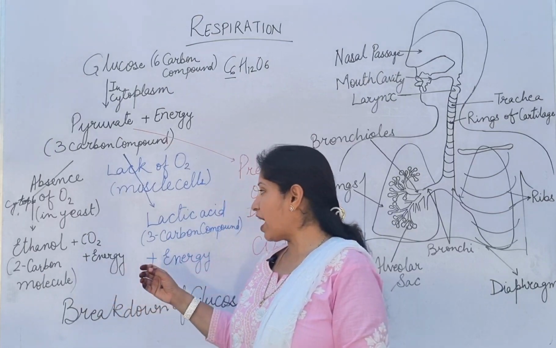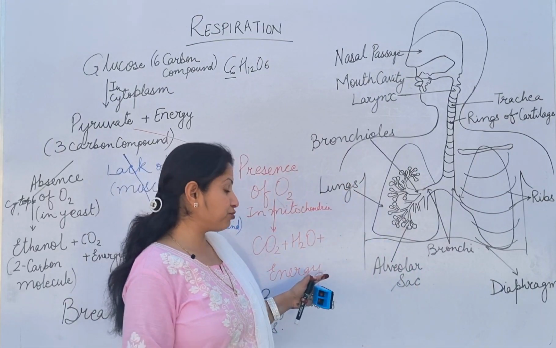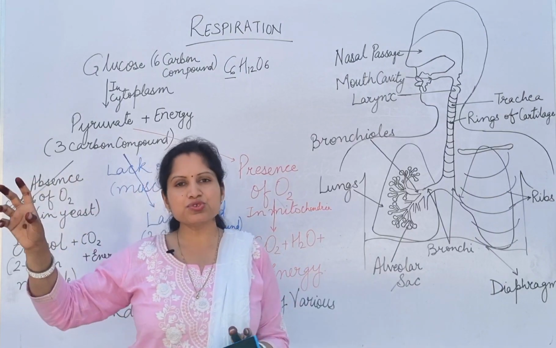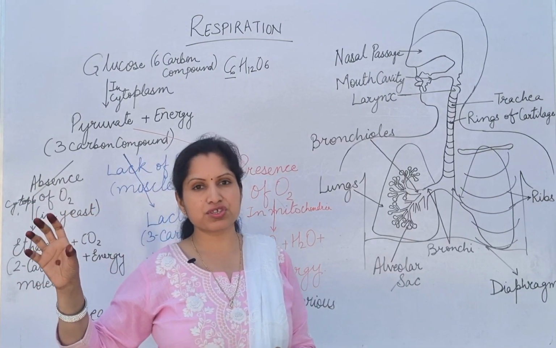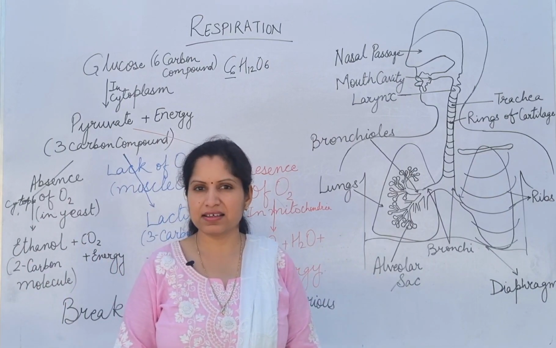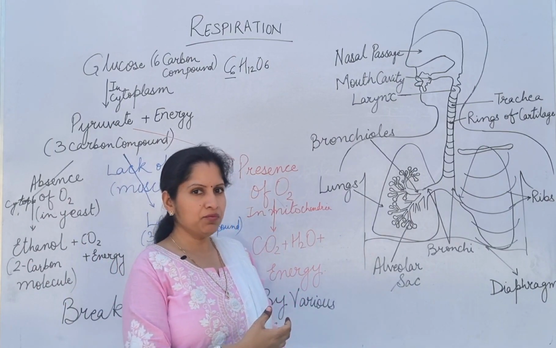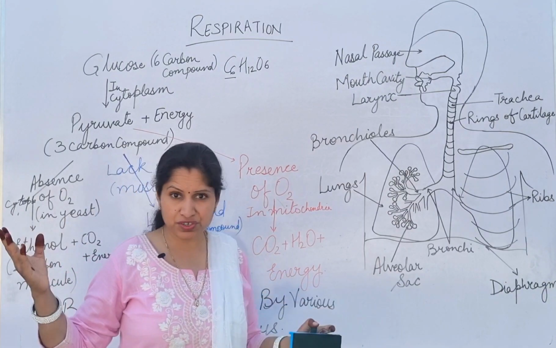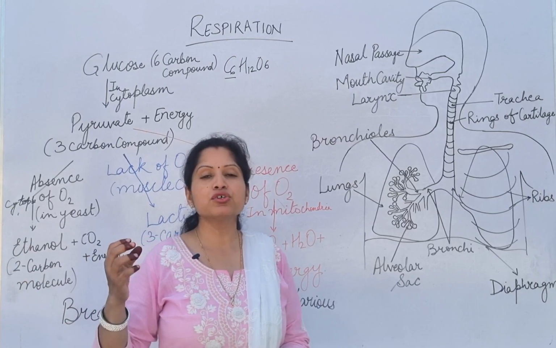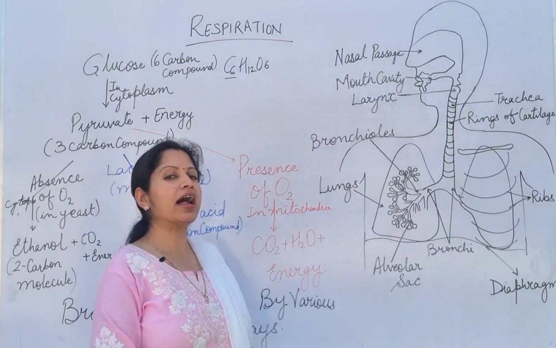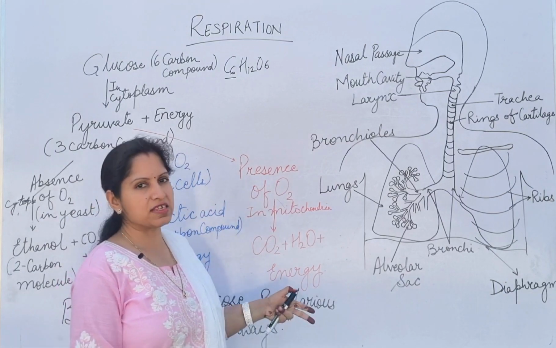So, whatever carbon dioxide is produced during the process of respiration, that carbon dioxide is used as a raw material for the process of photosynthesis by the plants. And in the same way, they are producing oxygen during the process of photosynthesis. So, that oxygen produced during photosynthesis, a part of that is used for respiration.